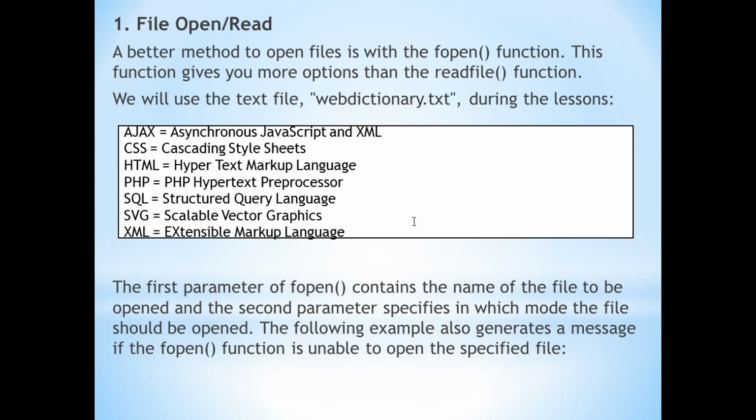So you have to pass two parameters: the first is the name of the file and the second is the mode, in which you are going to open that particular file, whether read mode, write mode, or append mode. The following example also generates a message if the fopen function is unable to open the specified file.